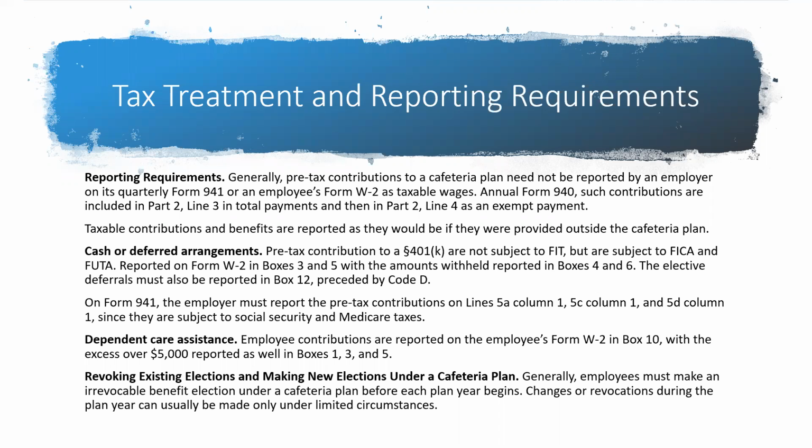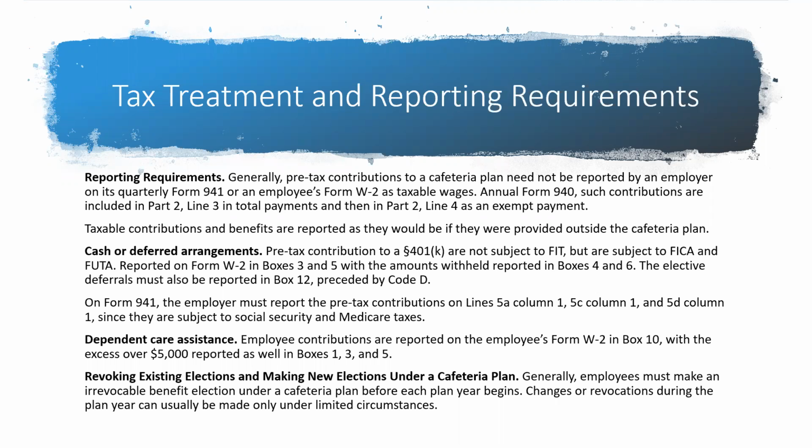Taxable contributions and benefits are reported as they would be if they were provided outside the plan. Cash or deferred arrangements: elective contributions to a 401k plan may be made through automatic enrollment. The employee's compensation is reduced by a fixed percentage, which is then contributed to that 401k.